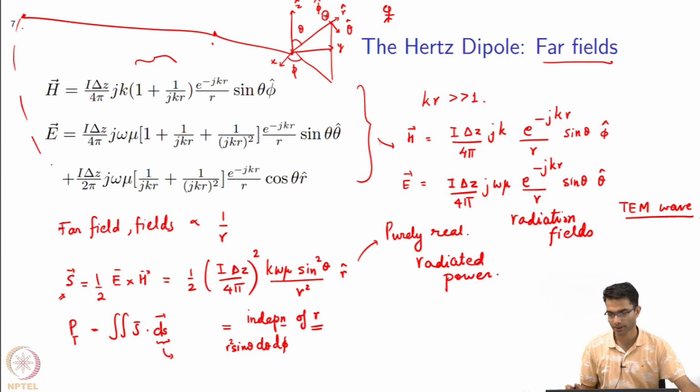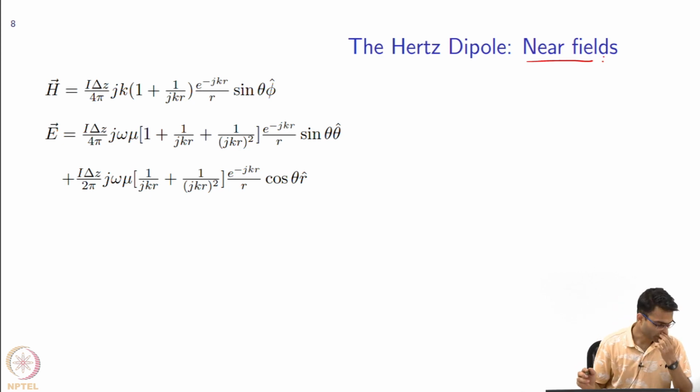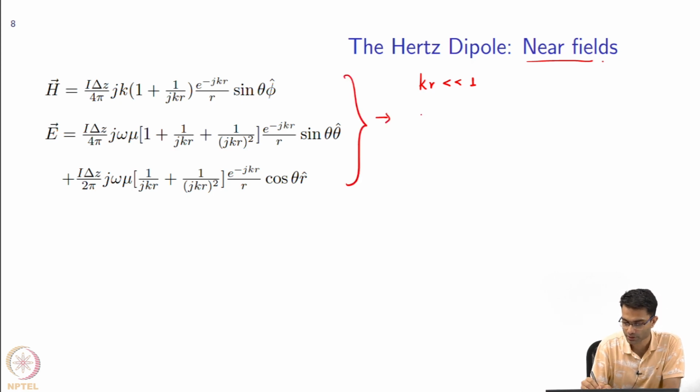Now, not surprisingly, the other thing we should look at is what happens in the near field, right. In the near field, what we can say is that Kr is much less than 1. So I am looking at regions very close to the antenna. What happens to these expressions? H for example, which term will I keep? The second term, right.